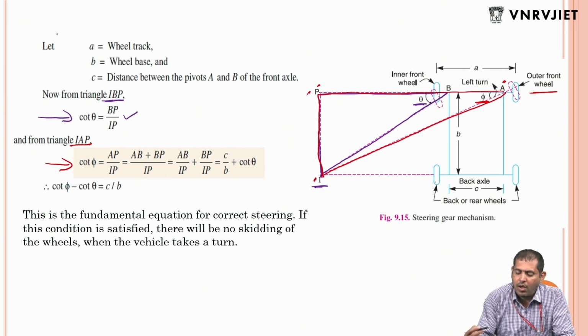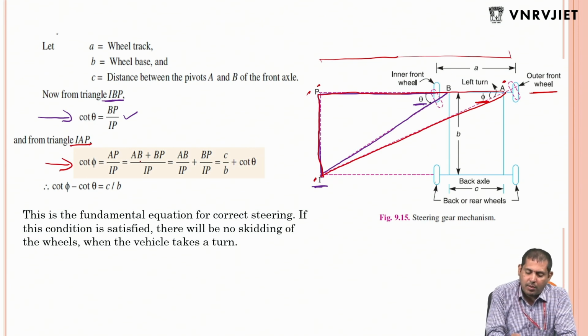Now here, this whole distance AP we are going to divide into PB and BA, that is AB plus BP. So AB plus BP, which is equal to AB by IP plus BP by IP.